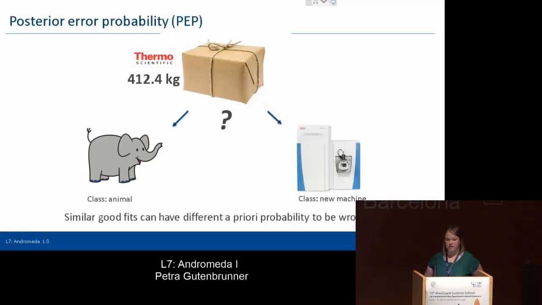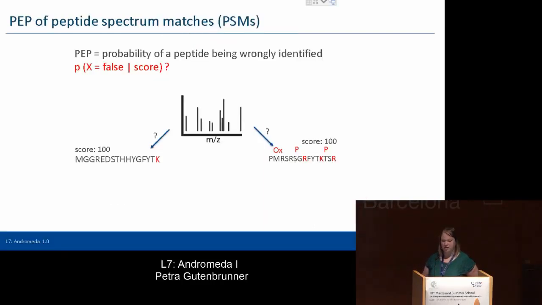So now let's try to transfer this idea to peptide identification. Here we have an example where an experimental spectrum has two possible peptide explanations, and we know it's tryptic. Here we have a nice peptide identification without modification and no miscleavages.